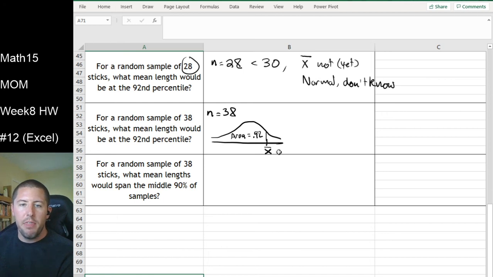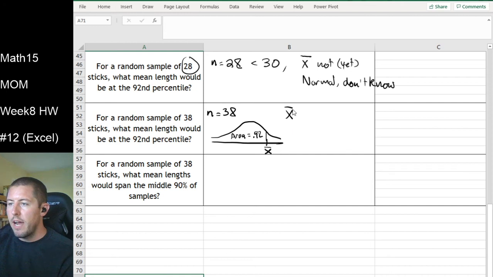For a random sample of 38 sticks, what length would be in the 92nd percentile? Meaning 92% of all of the groupings of 38 sticks will have an average lower, and 8% of all of the groupings of 38 sticks will have an average that is higher. So our 92nd percentile for a sample mean. So what I'm thinking to myself here is I can still form my probability statement, I can still form my normal statement.